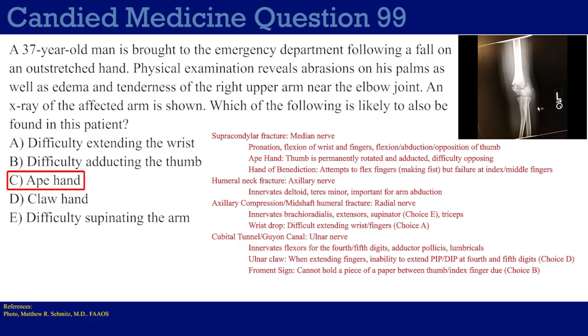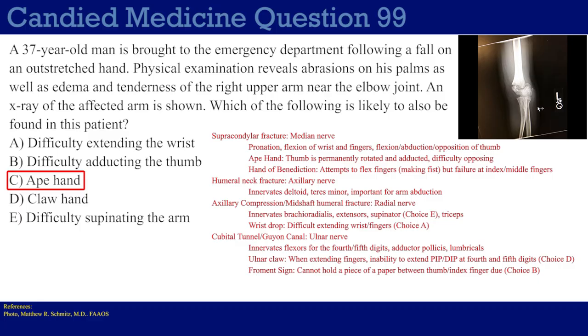And ulnar claw is basically the opposite. You tell them to extend the fingers instead, and because the ulnar nerve supplies an extensor at the fourth and fifth digits, they will have difficulty extending the fourth and fifth digits instead, so that will cause the ulnar claw. So once again, hand of benediction, median nerve, it's when you tell them to flex. Ulnar claw, ulnar nerve, it's when you tell them to extend.